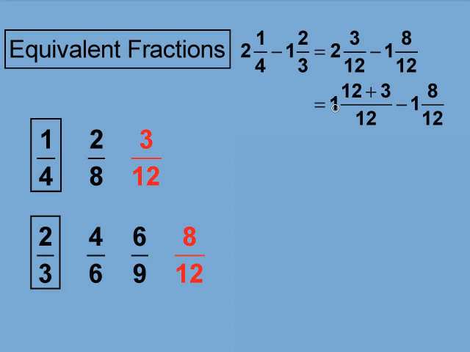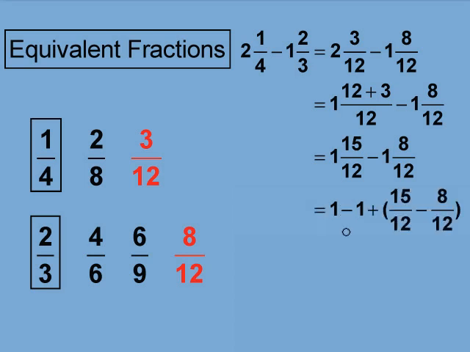The 2 becomes a 1, and the other one becomes 12/12, and added to the 3/12. The mixed number subtraction changes to this. And with this version, we can separate the whole number subtraction and the fraction subtraction, as shown here. The whole numbers zero out, and we're left with 7/12.